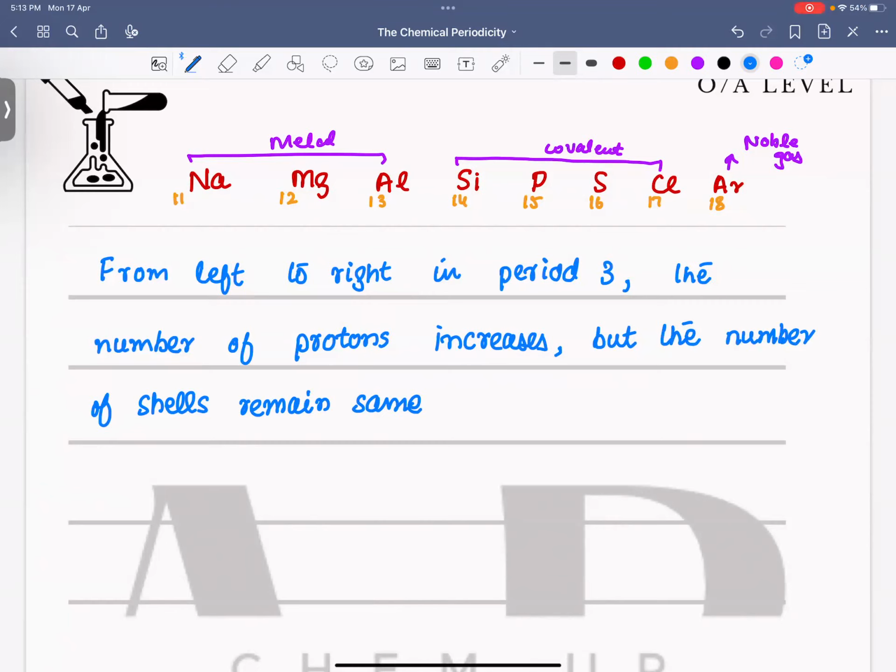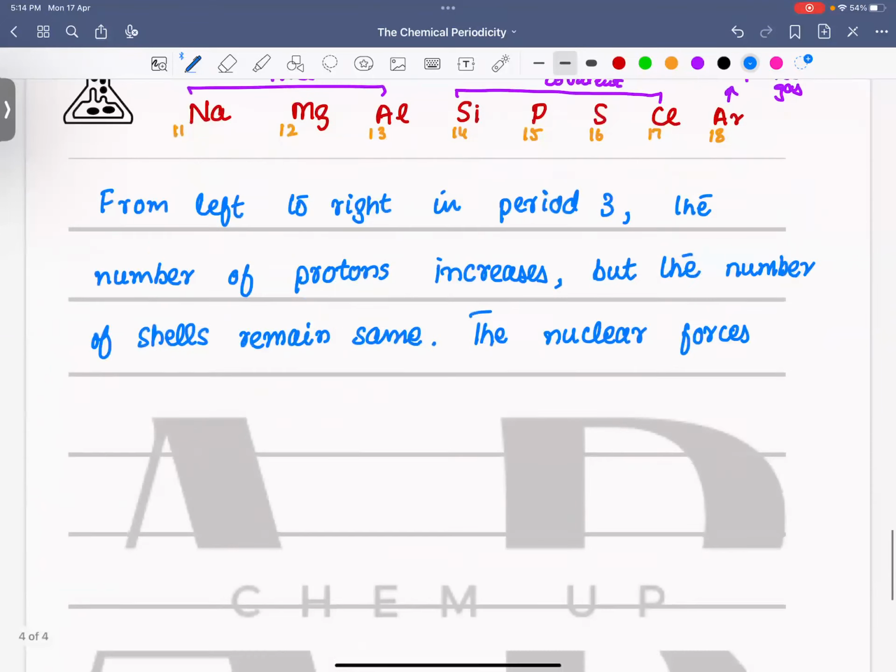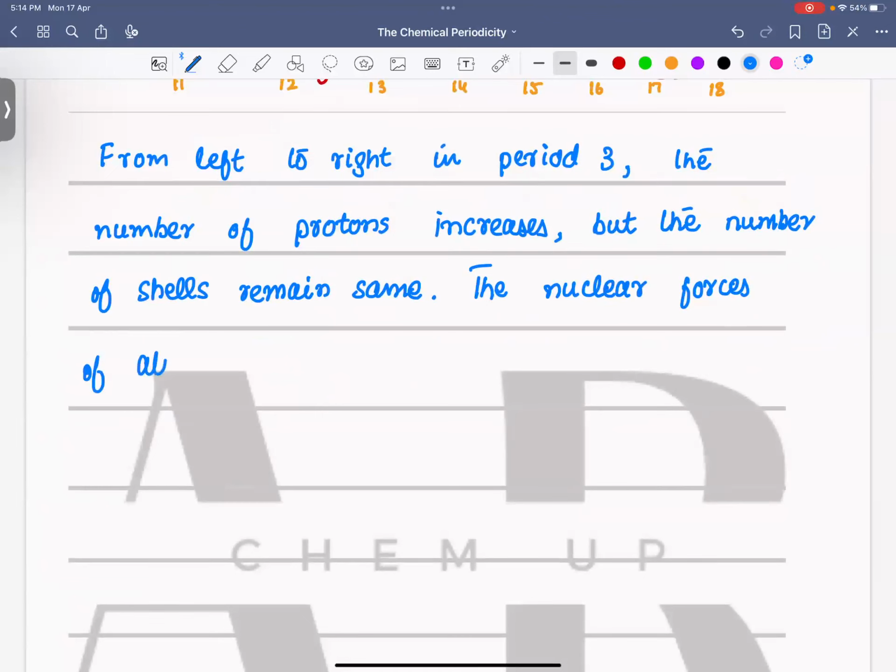And if this is the case, then can I say that the nuclear forces of attraction increase?